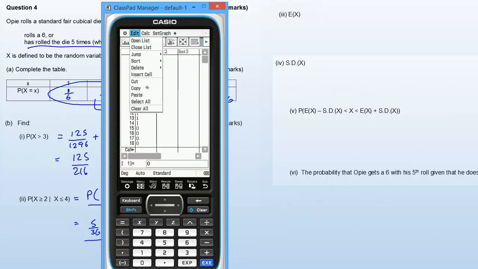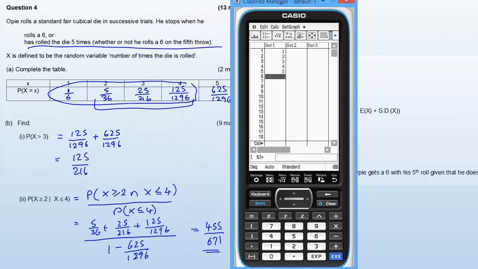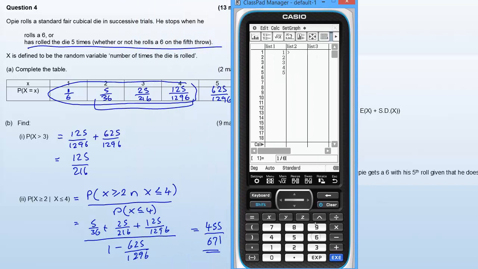So just going to clear anything that I've got in there at the moment, and so we've got X values of 1, 2, 3, 4 and 5, and then we've got 1 divided by 6, 5 divided by 36, 25 divided by 216, 125 divided by 1296, and 625 divided by 1296.